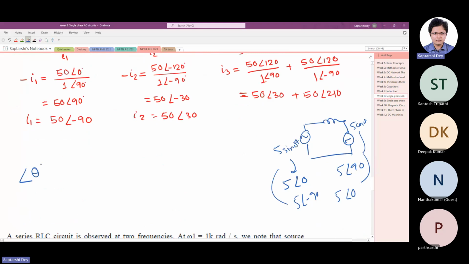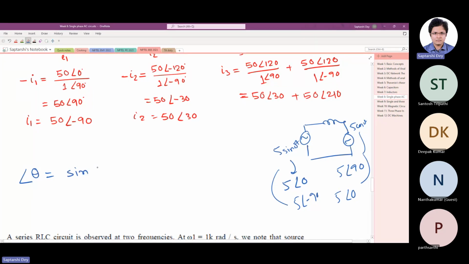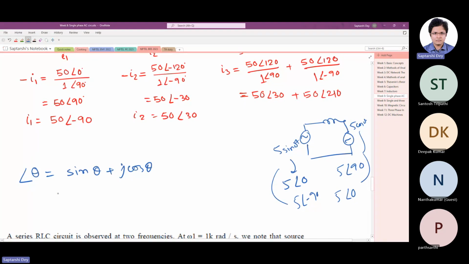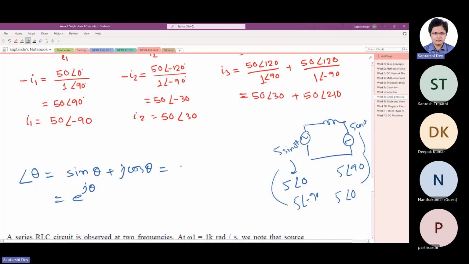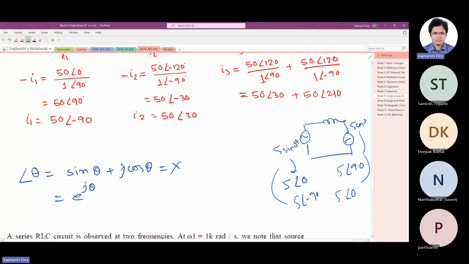So let us take that e to the j theta is cos theta plus j sine theta, and this can also be written as e to the power j theta. It's very interesting. Just take this as x, differentiate, then integrate, and you will directly get e to the power j theta.